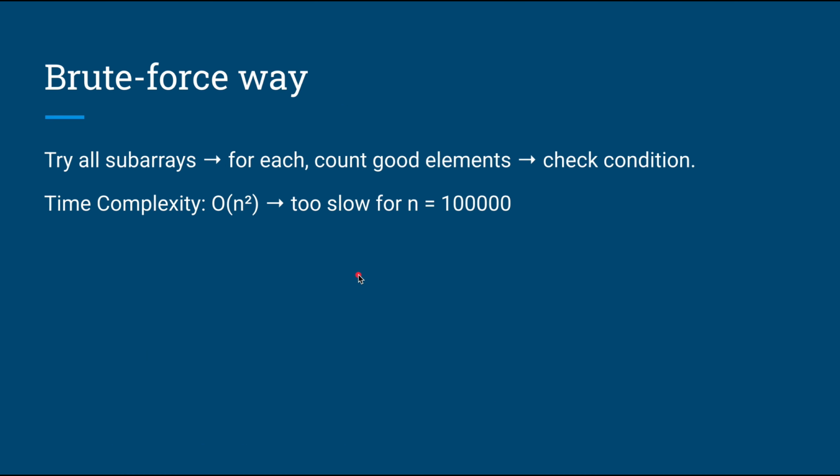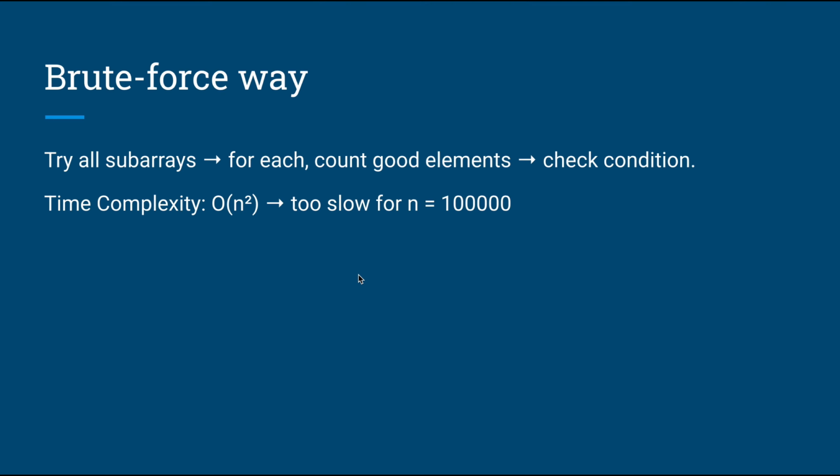So the brute force approach will become too slow. The brute force approach would involve checking every subarray, counting the number of nums[i] modulo equal to k elements, and verifying that the count satisfies the condition.